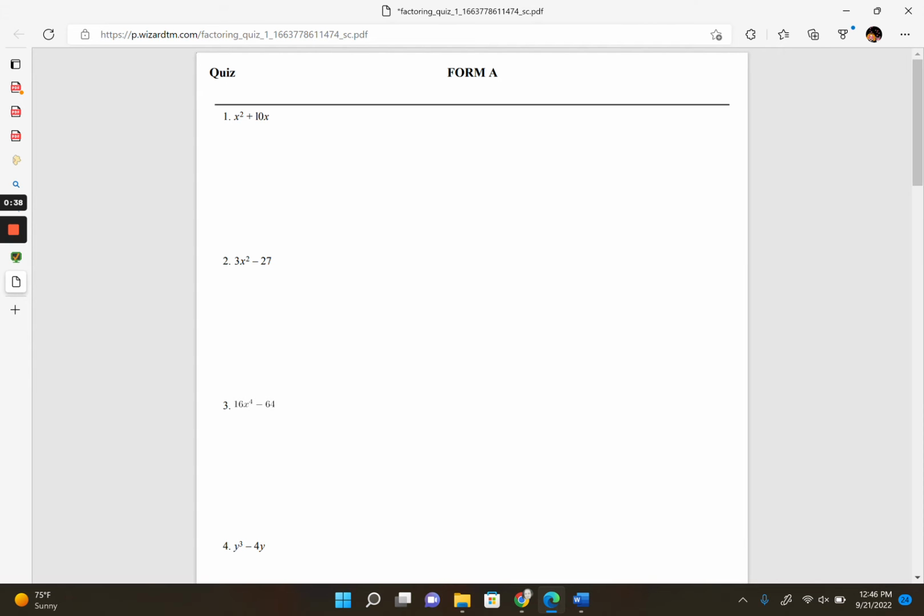Number one is the same as number 10 in Form B. So again, the first step in factoring is the greatest common factor. Look at the 1 in the front.